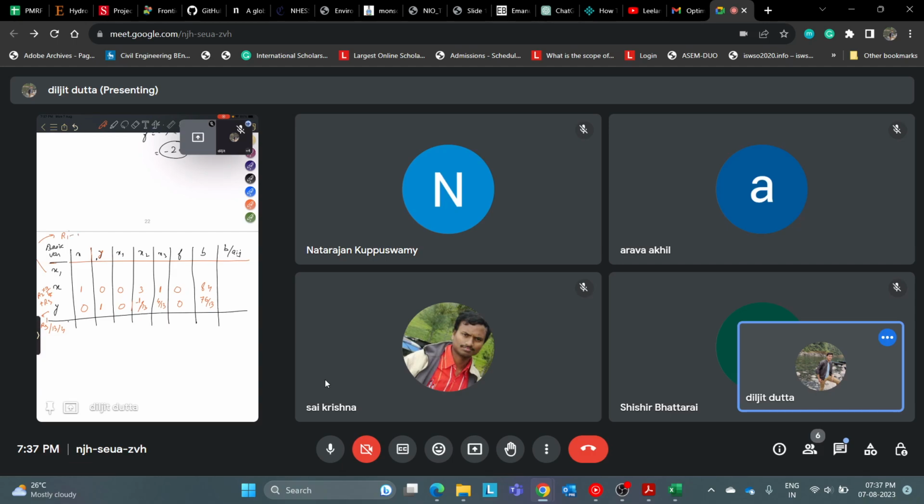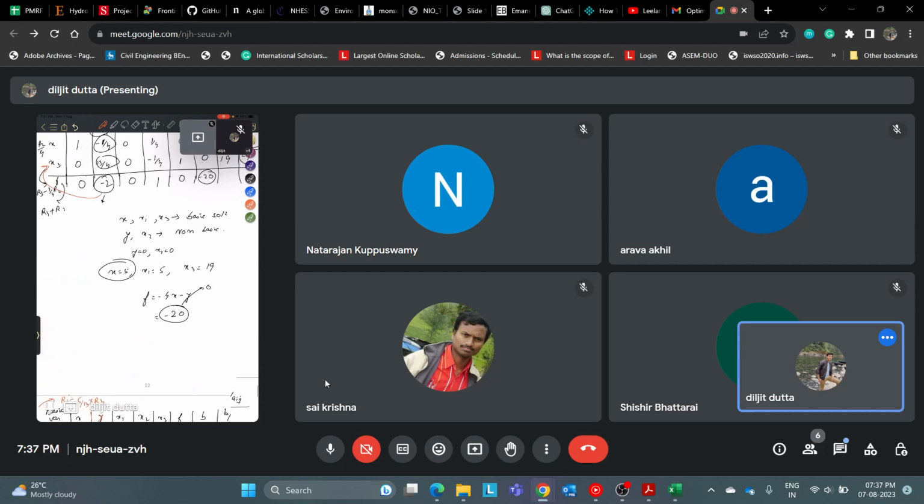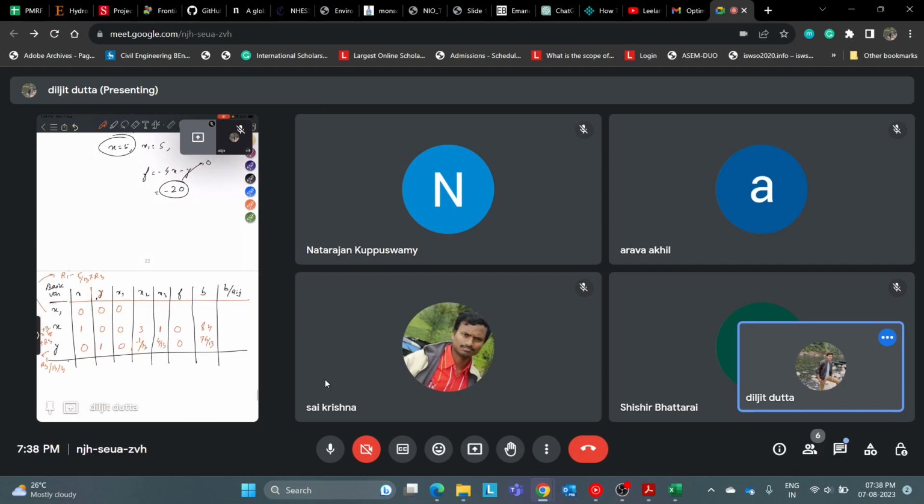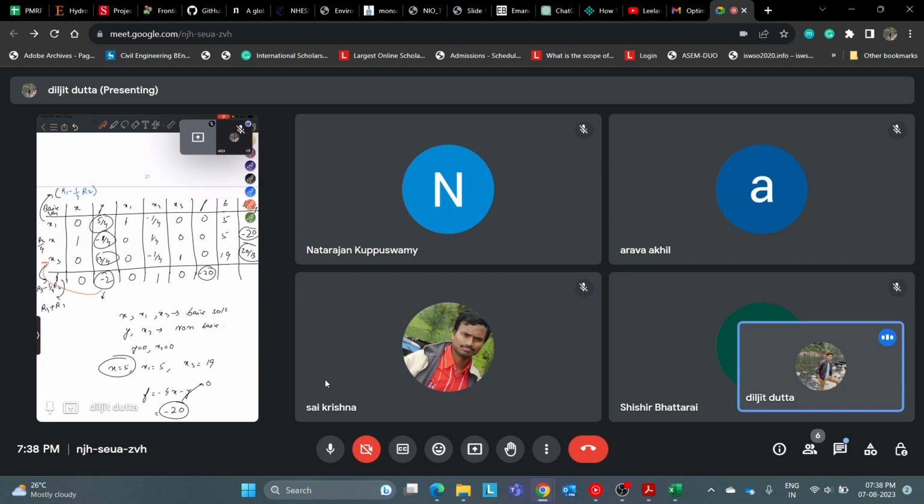R1 dash is R1 plus 5 by 13 into R3. So there is 0, 0 here. So 1 plus 5 by 13 into 0 is 0. For x2 again minus 1 by 4 plus 5 by 13 into minus 1 by 4.